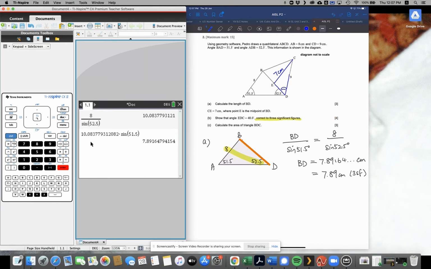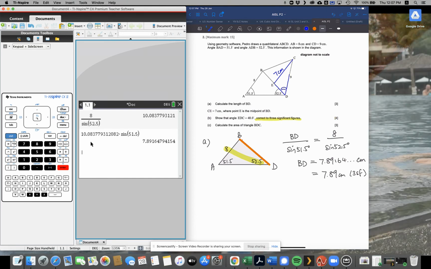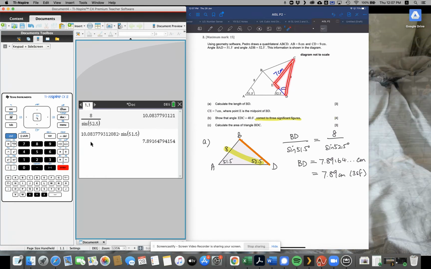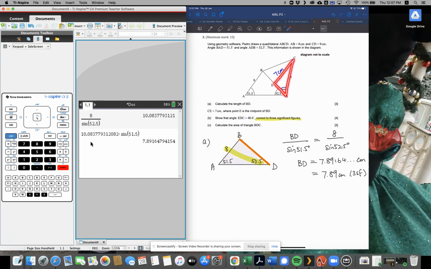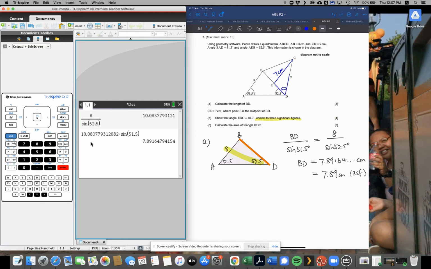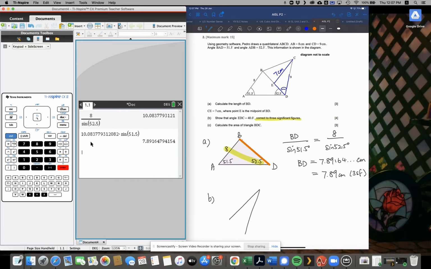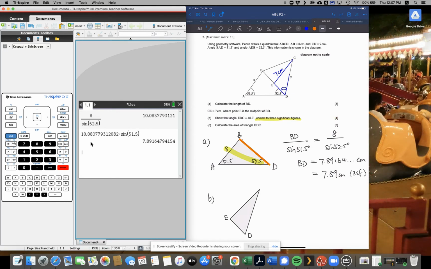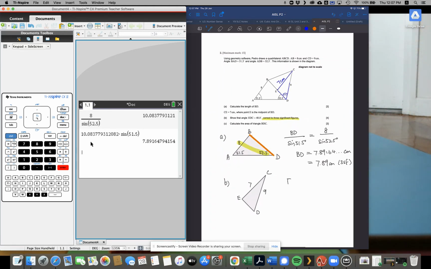We have 3 lengths. We have 7, 9, and ED. ED is half of BD. So let's draw the triangle that we are working with, B, E, D, 9, 7, C. ED is half of BD.